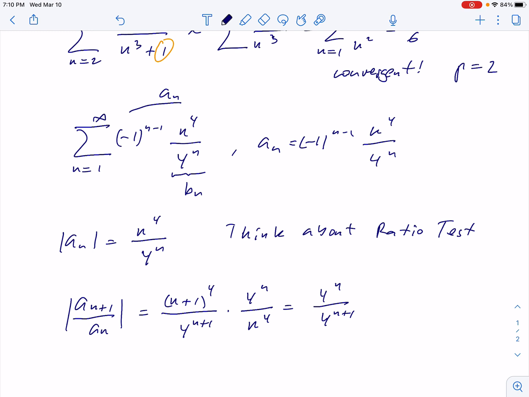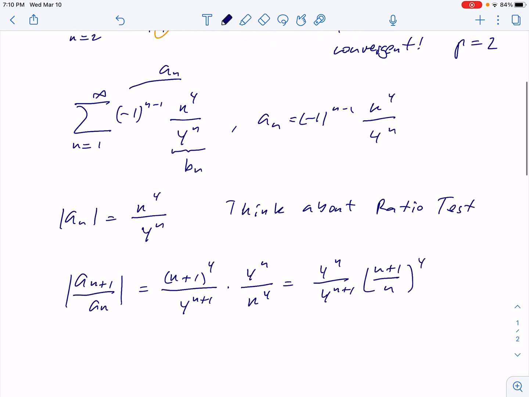You see I put similar factors one above the other. And here n plus 1 over n, I can unite like that, to the fourth power. Reducing by 4 to the n, this will be 1/4. And inside the parentheses I can write 1 plus 1/n, dividing by n, to the fourth power.